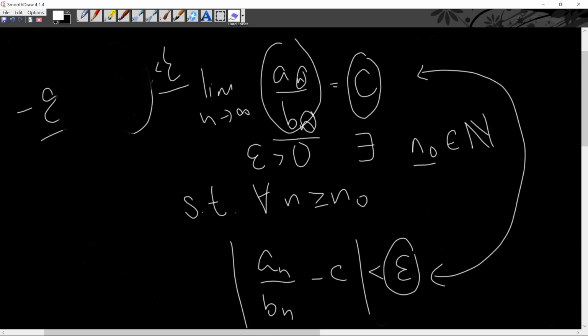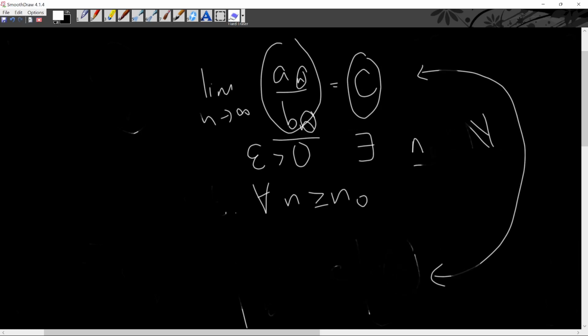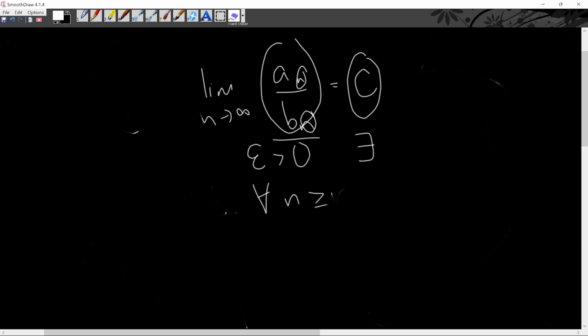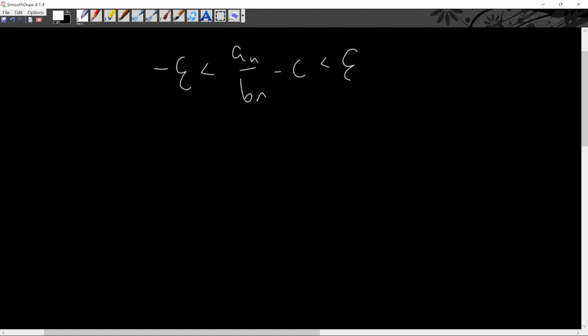So let's expand this inequality. We have negative epsilon is less than a sub n over b sub n minus c, which is less than positive epsilon. That's what this tolerance is saying.